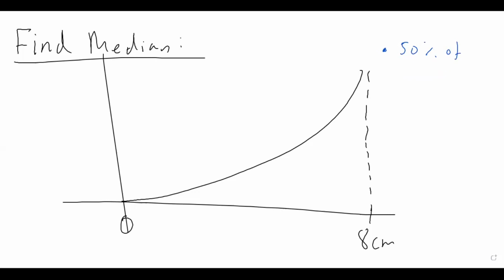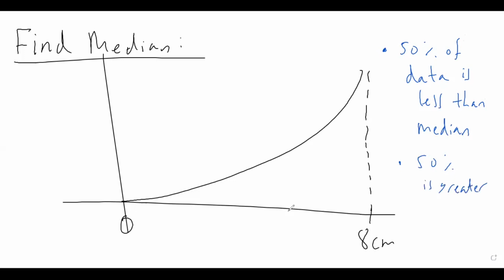Well, in real life it may not necessarily be exactly 50%, but that's the idea we want, especially with continuous data like this. That's going to be true always. So 50% of data is less than the median, and 50% is greater.